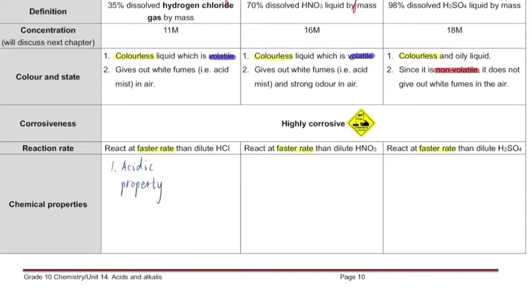For concentrated nitric acid, of course, it will show acidic property, but it also has something special, which is called the oxidizing ability.